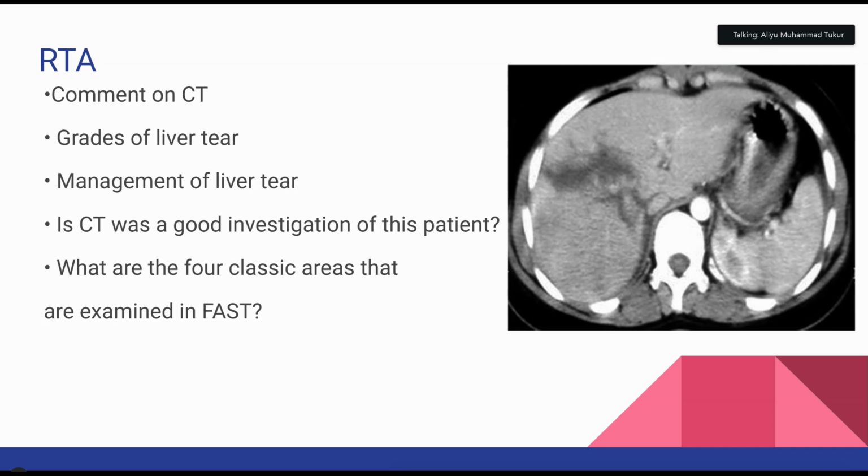Okay, the grade of liver injury can be assessed according to the American Association for the Surgery of Trauma, where grade 1 is a subcapsular hematoma of less than 10%, or a parenchymal tear of less than 1%, while grade 2 is a subcapsular hematoma of between 10 to 50%, or a parenchymal tear of 1 to 3%.